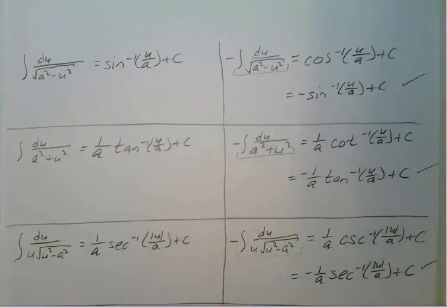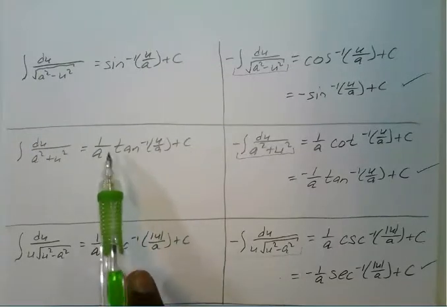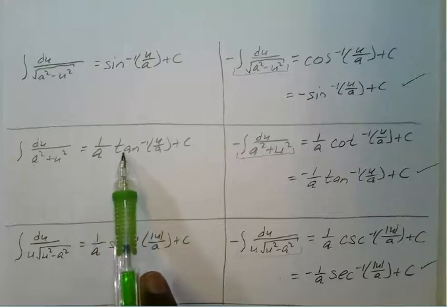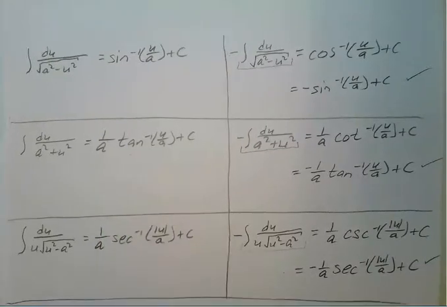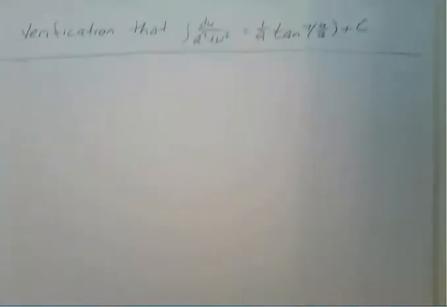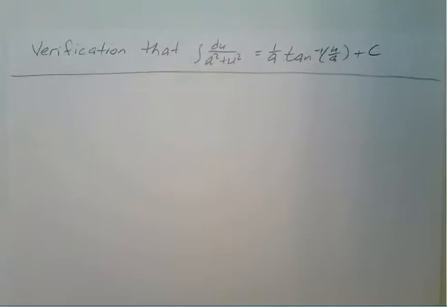So I'm just going to verify this one, that 1 over a tangent inverse answer. All right, so if you are still writing this, of course, feel free to press pause and finish up. But we're going to go ahead and move on to our verification.